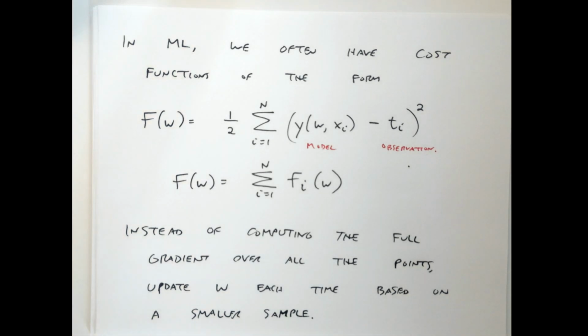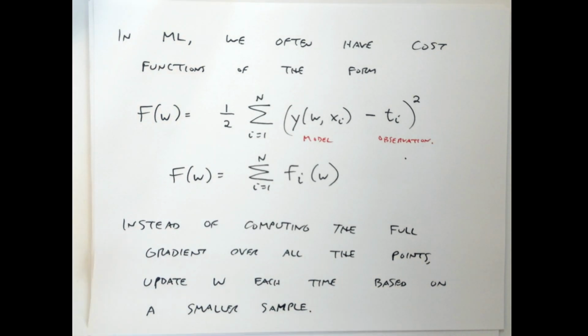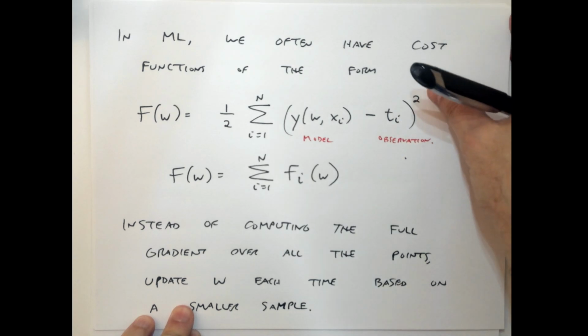Right? Maybe 1 point at a time, or 10 points at a time, or 50 points at a time, right? Then in that case, the gradient every time is much easier to evaluate, and I can take faster steps, right? And so this kind of idea is called stochastic gradient descent. Okay, so let's talk about what that means.